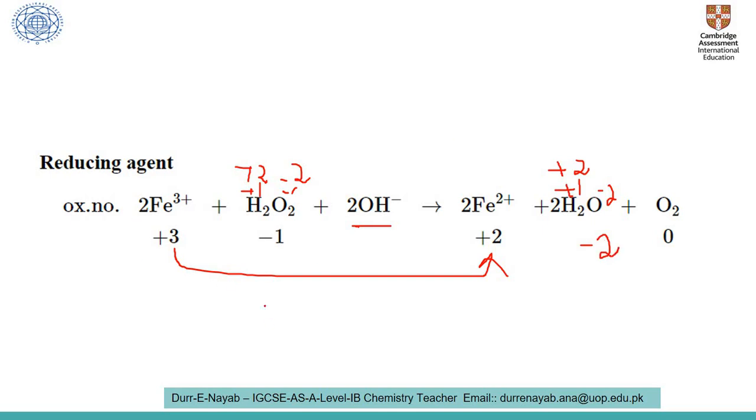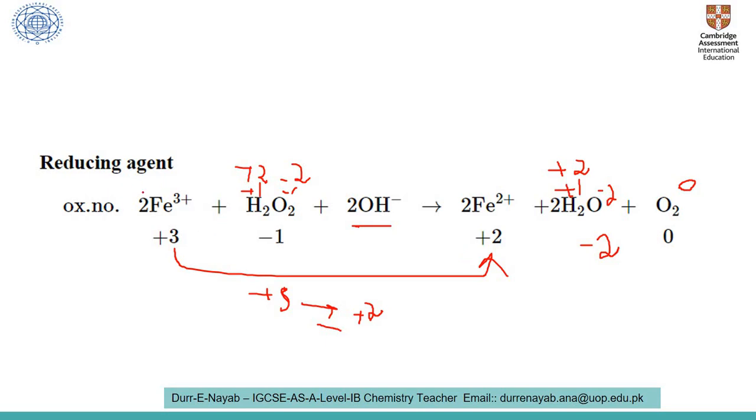So you can see, from +3 it changes to +2. From iron +3 to +2, this gives you an idea: there is a gain of electron, due to which the oxidation number decreases.